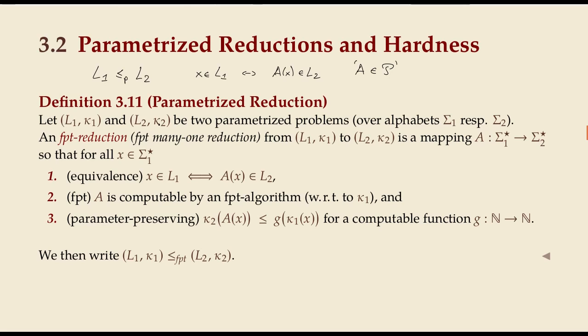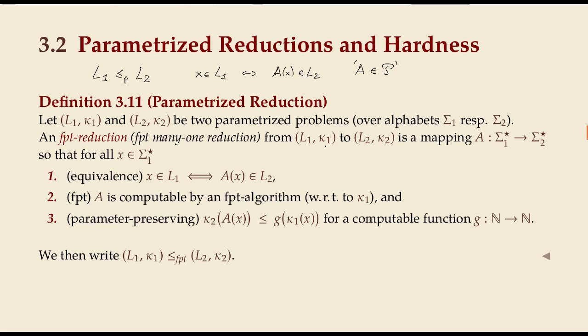So given two parameterized problems, we again consider a function A that maps the instances, but now we have to take care of the parameters. At this point I might add, it's very convenient now that we have separated in the definition of parameterized problems the language and the parameterization.